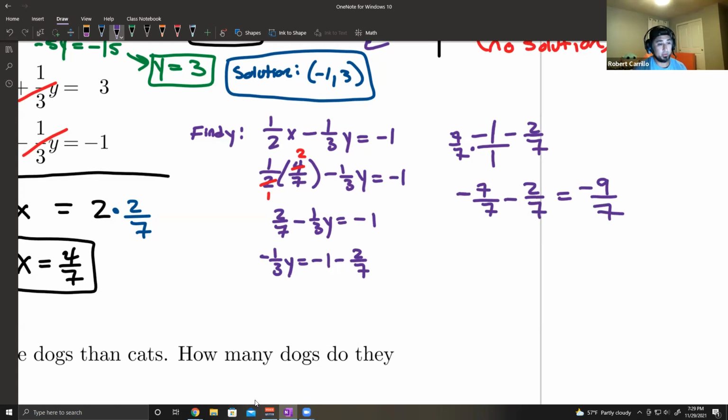All right, so now you have -1/3 y equal to -9 sevenths. And now you could divide by -1/3 or multiply both sides by the reciprocal, which is -3. So let's multiply both sides by -3 over 1.